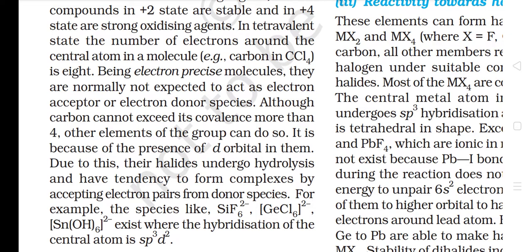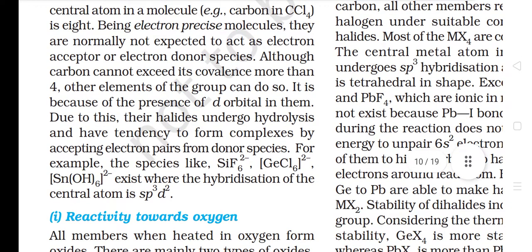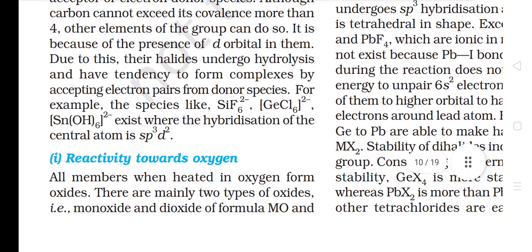It is because of the presence of d orbitals in them. Due to this, their halides undergo hydrolysis and have tendency to form complexes by accepting electron pairs from donor species. For example, the species like [SiF6]2-, [GeCl6]2-, [Sn(OH)6]2- exist where the hybridization state of central atom is sp3d2.